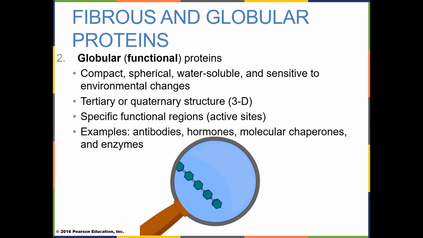The enzymes, these globular proteins, usually have very specific areas that we call active sites. These active sites are where chemical reactions take place, whether this is where a molecule binds to the protein or the protein binds to a target cell.